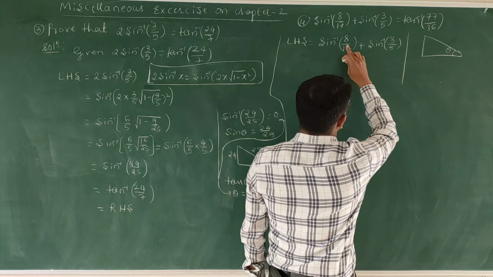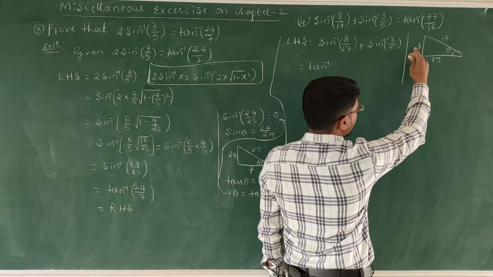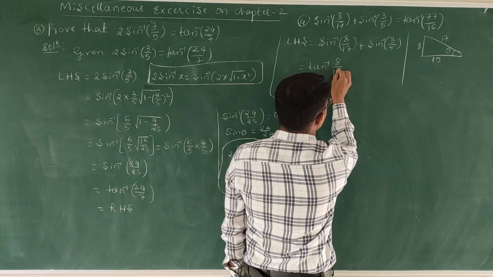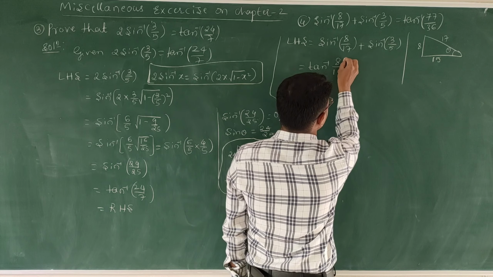So what is the one more triplet of this? That is 15. Okay, so then define in this tan, which is equal to the tan inverse. Tan is opposite divided by adjacent, 8 by 15. So this is sine inverse of 8 by 17 equal to tan inverse of 8 divided by 15, plus for this.